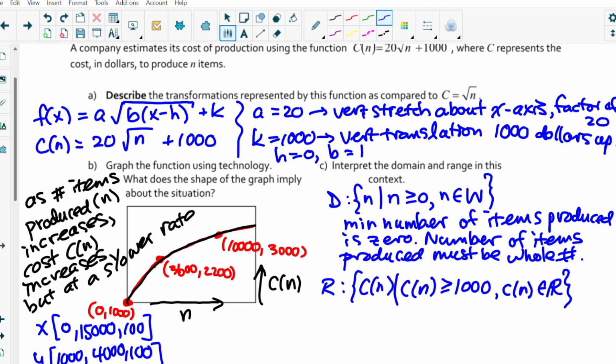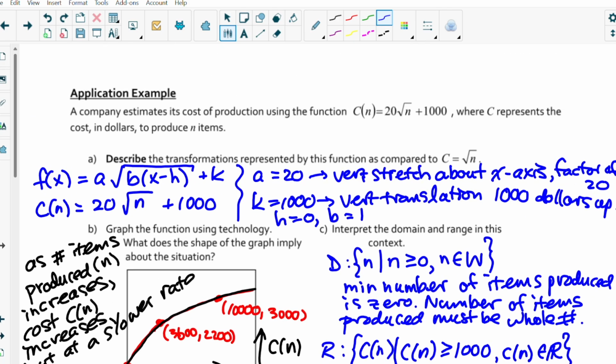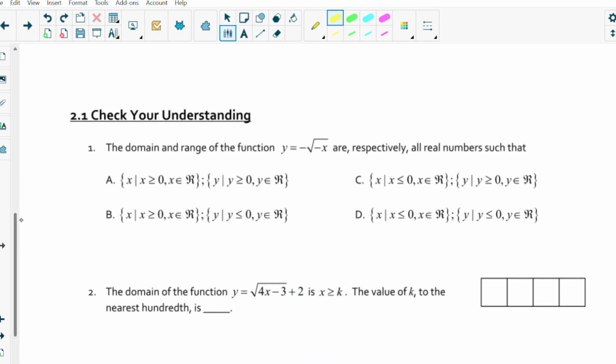So the cost can be any real number, right? Because that n value is under a radical sign. Once you put a whole number in for n and take the square root, you're going to get all kinds of different real numbers.